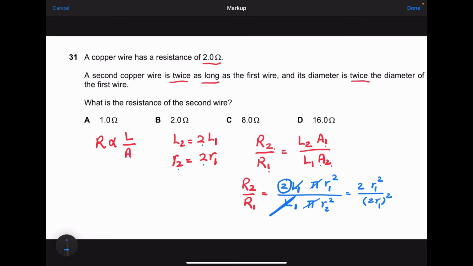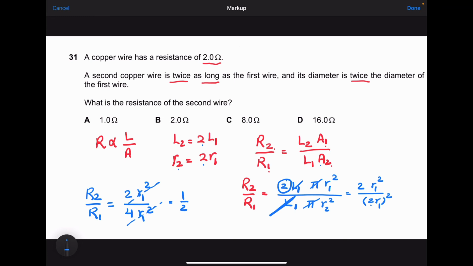So it means by the end, R2 divided by R1 equals 2R1 square divided by the square of the 2, which is 4R1 square. Cancel out the R1 square with R1 square. It gives us, and 2 with a 4, it's half. R2 over R1 equals half.